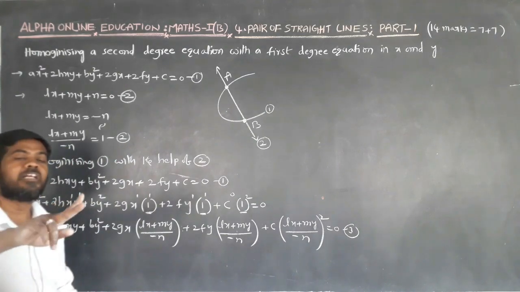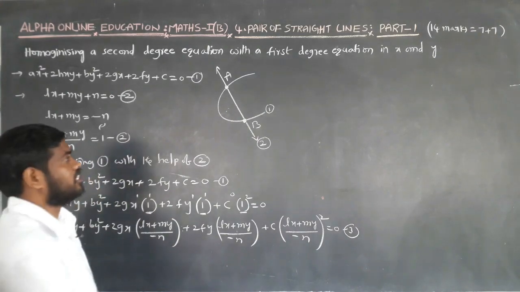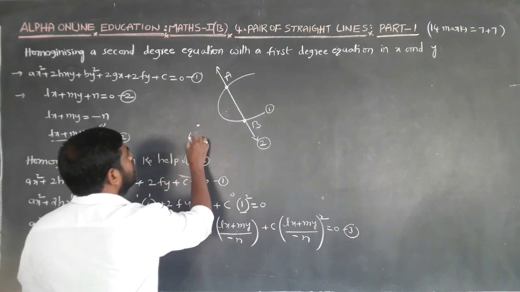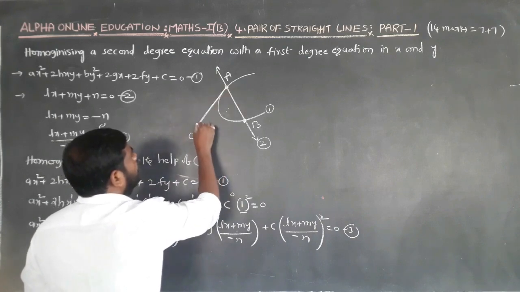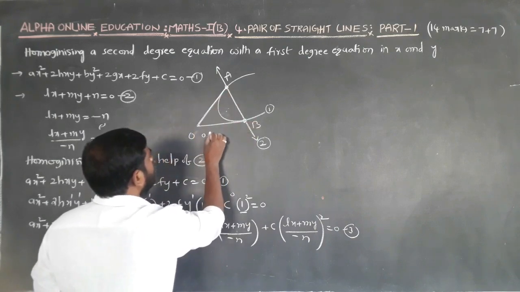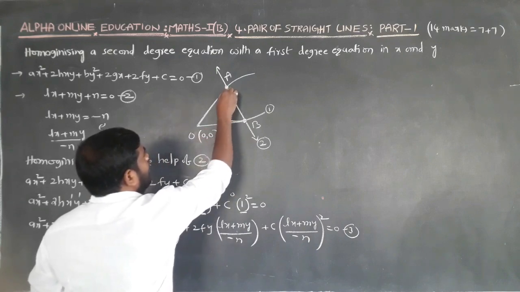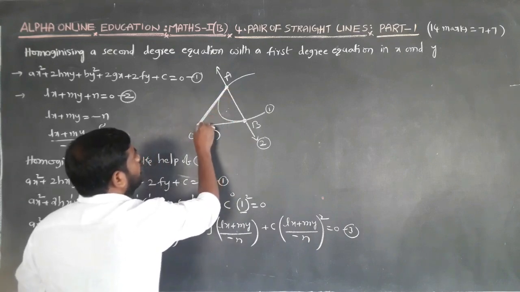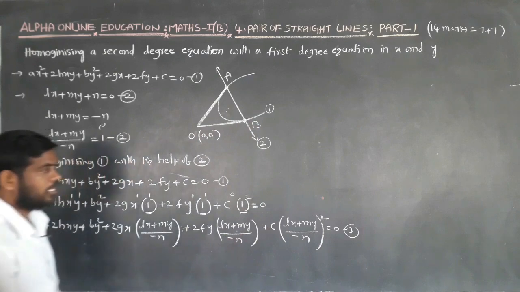Equation 3 represents the combined equation of the lines joining OA and OB.